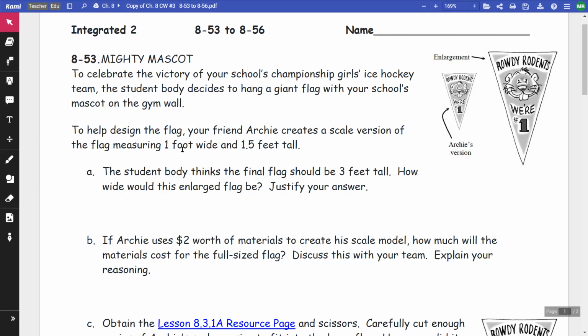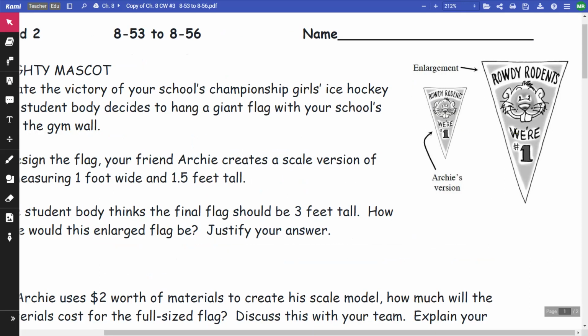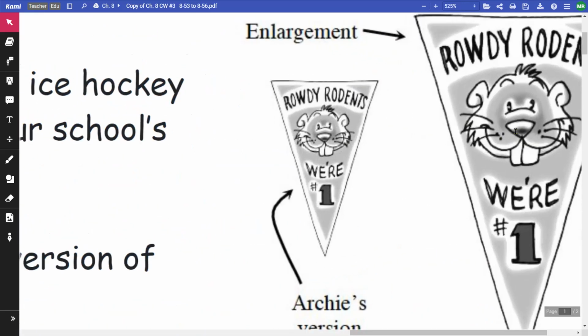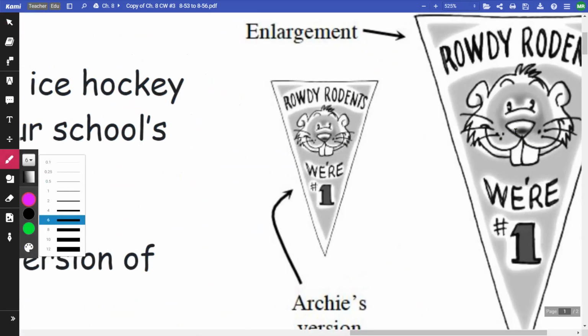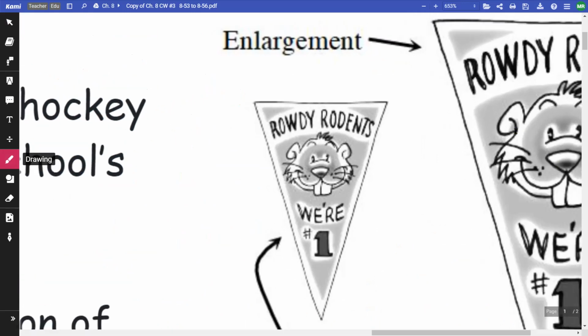To help design the flag, your friend Archie creates a scale version of the flag measuring 1 foot wide and 1.5 feet tall. So this is Archie's version. This is what it needs to be. So I'm just going to zoom in here and write down some of the information. Again, this distance from here to here is 1 foot.